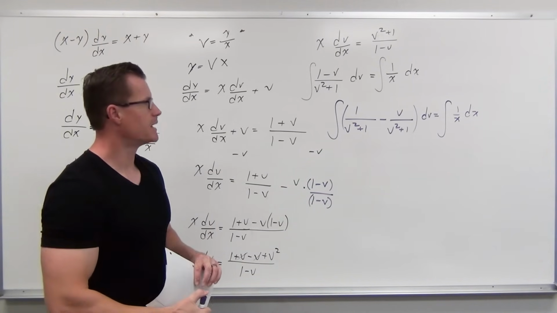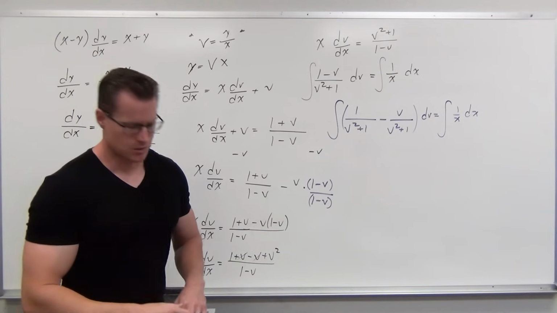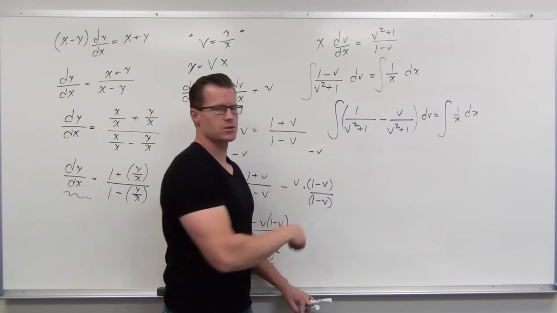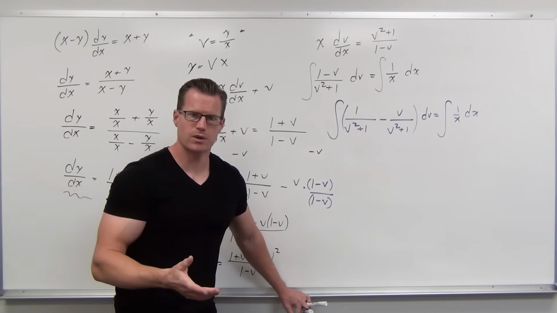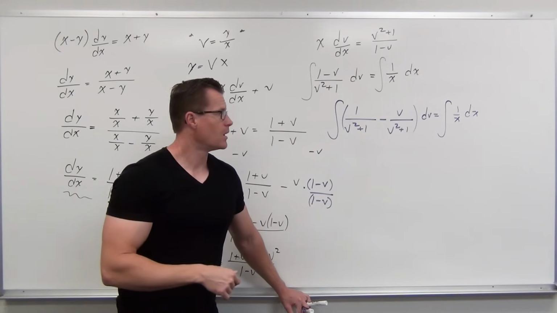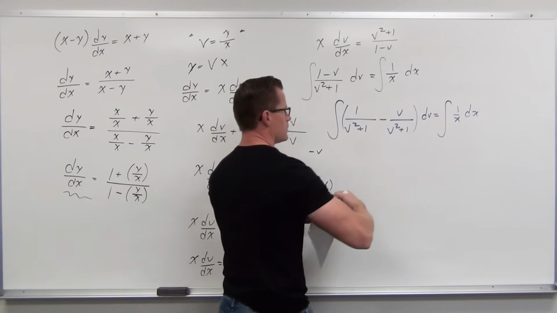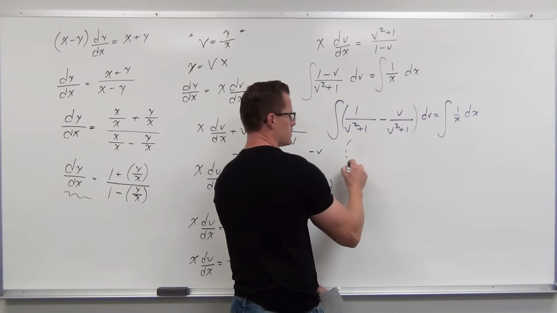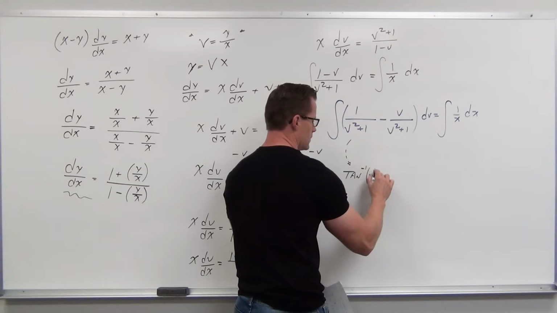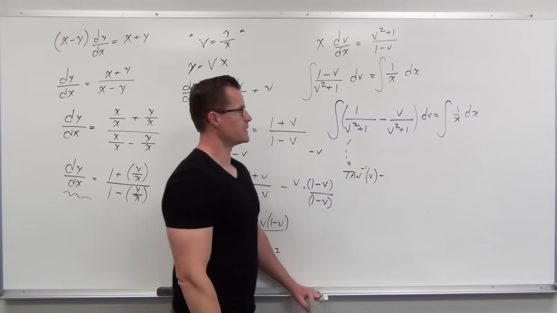On the left-hand side, now we have some things that we can do. So this, use your table. Use a trig sub if you really need to, but use your table. That's going to be tan inverse of v.